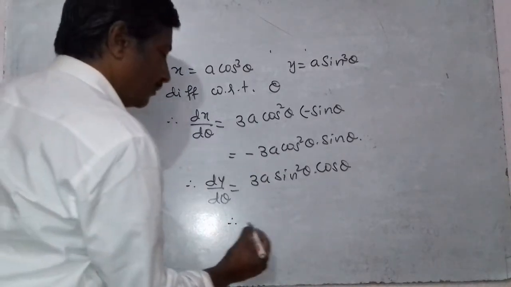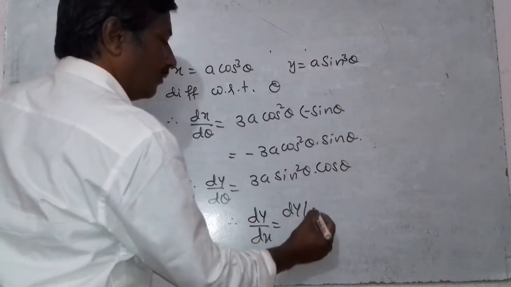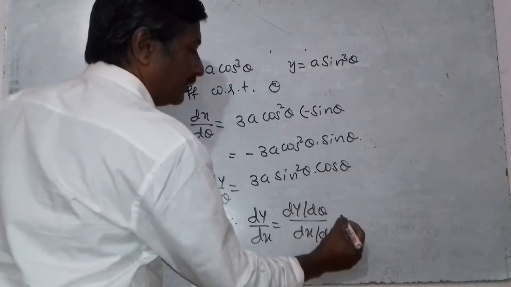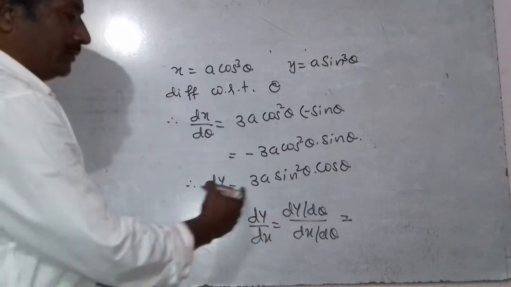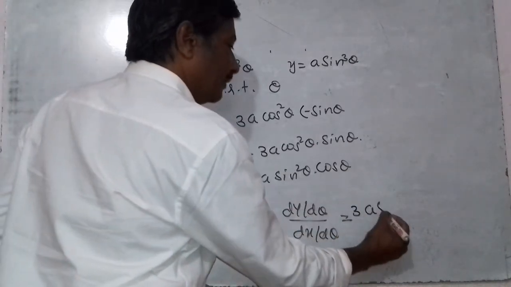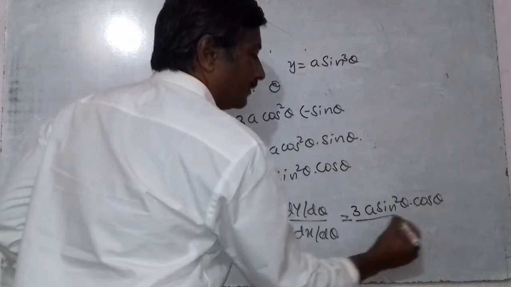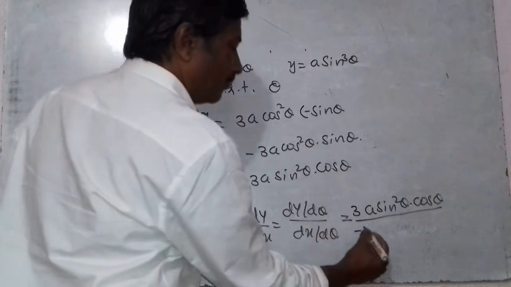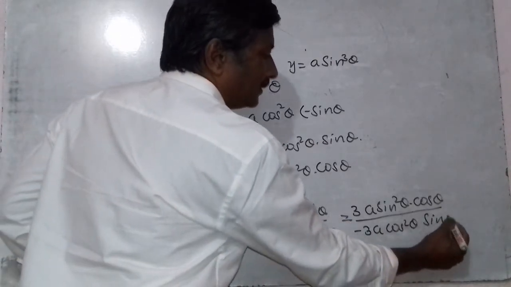Therefore, dy by dx equals dy by d theta divided by dx by d theta. This equals 3a sin square theta cos theta divided by minus 3a cos square theta sin theta.